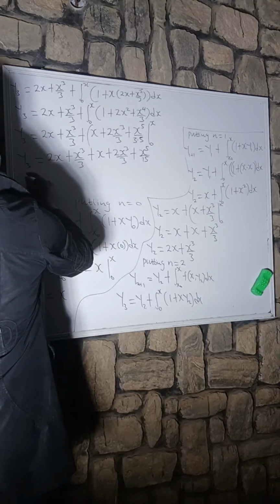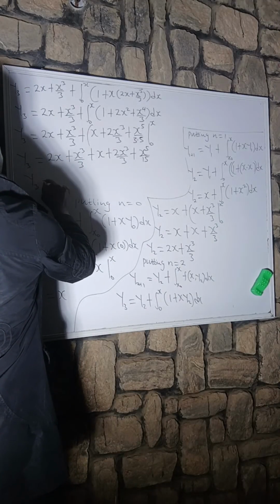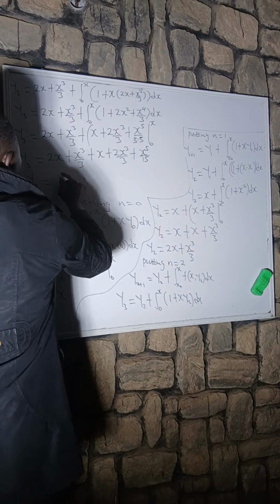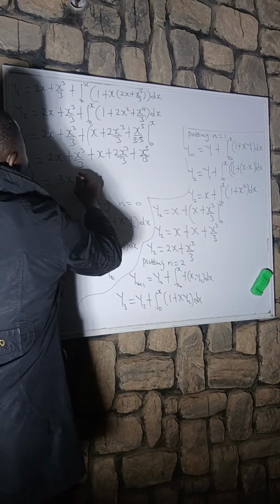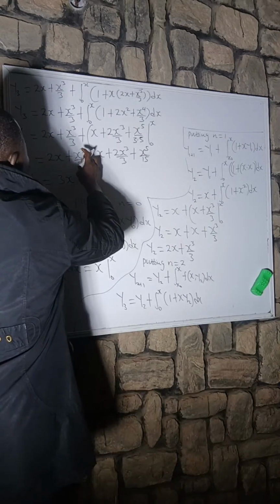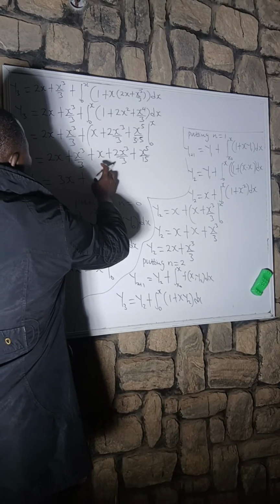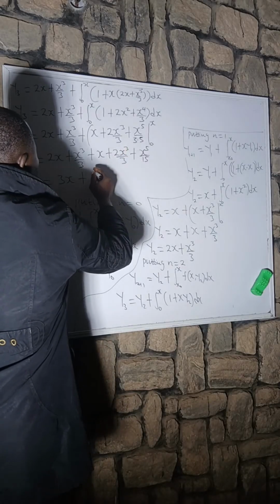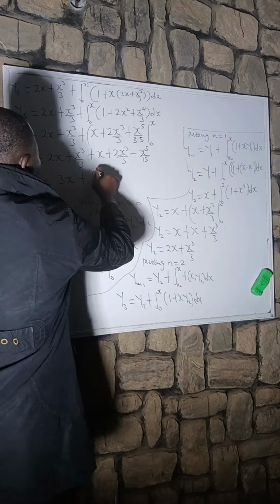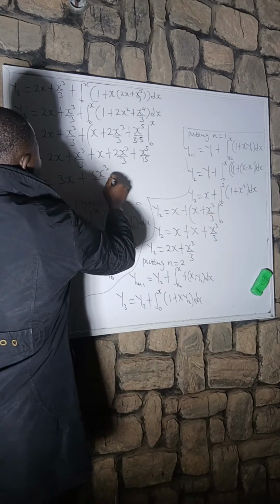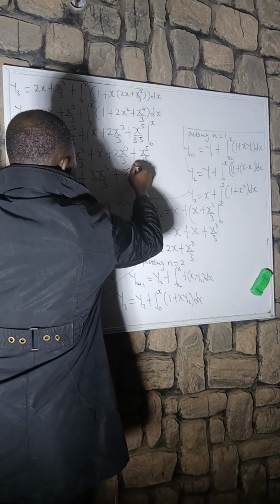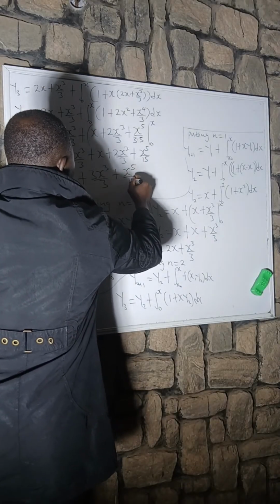Final answer will now be y subscript 3 is equals to 2x plus x is 3x, then plus x cubed all over 3 plus 2x cubed all over 3 is 3x cubed all over 3, then plus x raised to the power of 5 all over 15.